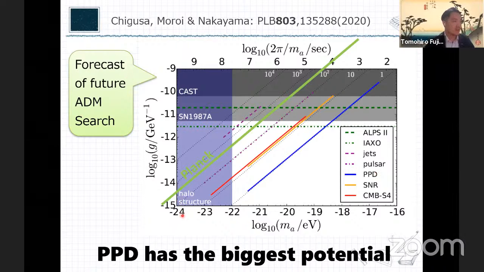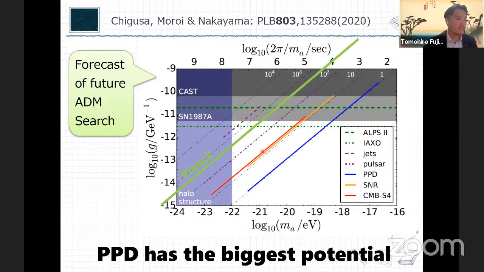And this is a forecast done by these people, not including myself, although they are at Tokyo University. They independently do their research. Anyway, the x-axis is again mass and the y-axis is the coupling constant. Here is the current best bound. These people forecasted the potential of different observational objects, for example pulsar or AGN jet, PPD is a protoplanetary disk, supernova remnants, and CMB-S4.